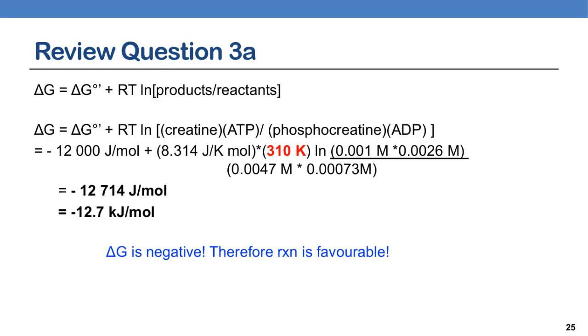Minus 43 plus 31 is going to give you negative 12 kilojoules per mole. We can then insert that into our equation, and we get a final delta G of negative 12.7.